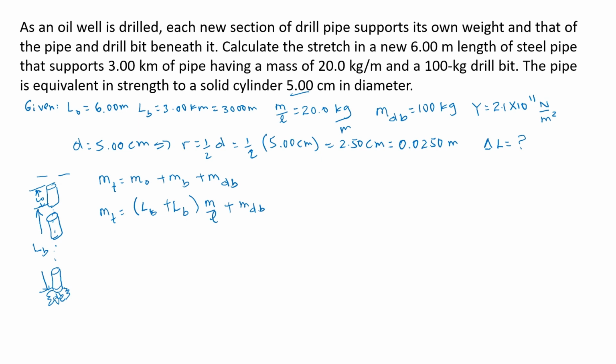Alright, so the total mass is going to be equal to L naught is known, 6.00 meters, plus the length of all the pipes beneath this newly added pipe, 3000 meters, multiplied by the length density, which is 20.0 kilogram divided by the length meter, plus the mass of the drill bit, which is given to be 100 kilograms.